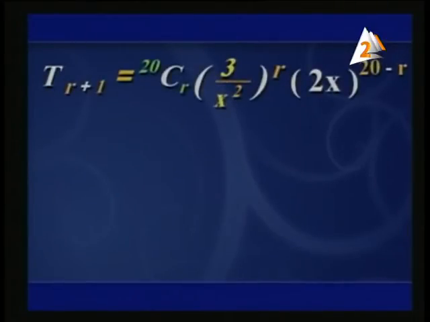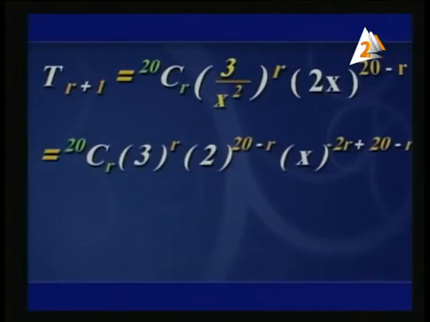T(r+1) equals 20Cr times (3/x²)^r times (2x)^(20−r), equals 20Cr 3^r 2^(20−r) x^(−2r + 20 − r).